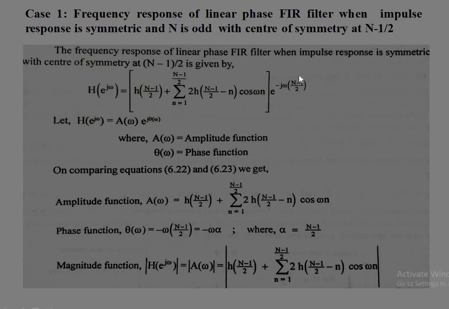The frequency response is given by this equation, where H of e power j omega represents the Fourier transform of the impulse response of the system, where small h of n represents the impulse response of the FIR filter, and since H of e power j omega is a complex function, I would also like to express it in the form of magnitude and phase functions.